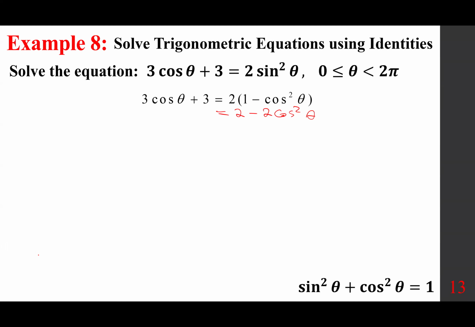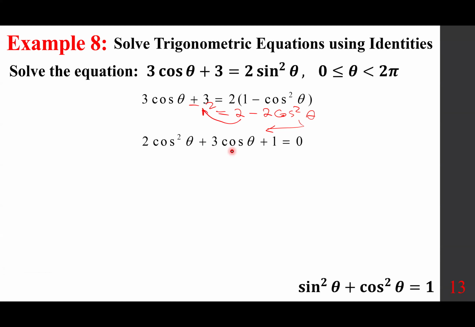And we move this one, it becomes positive 2 cosine squared theta on the left. We move this one, subtract 2 from 3 to get 1. So we get 2 cosine squared theta plus 3 cosine theta plus 1.